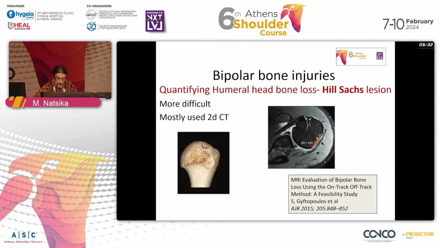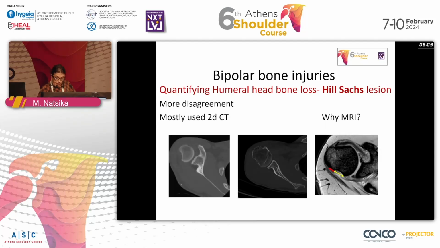But I think that we must measure the Hill-Sachs lesion, if we can, in 3 planes, and also measure it in MRI, because we have to see whether we have a bridge with the greater tuberosity or it affects the greater tuberosity.